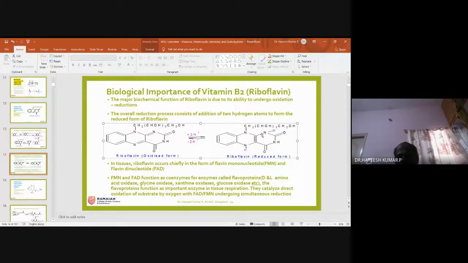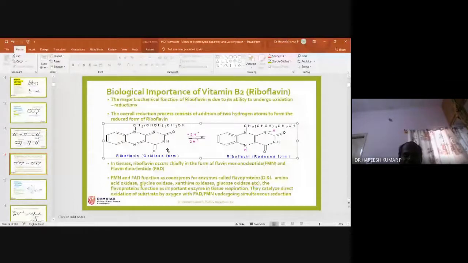This reduced form can give hydrogen to the substrate, and it can accept a hydrogen or proton from the substrate.